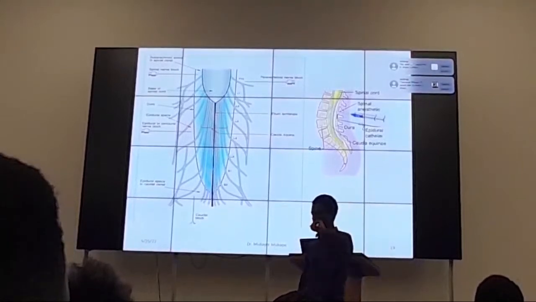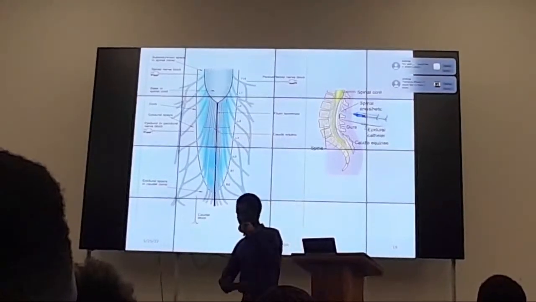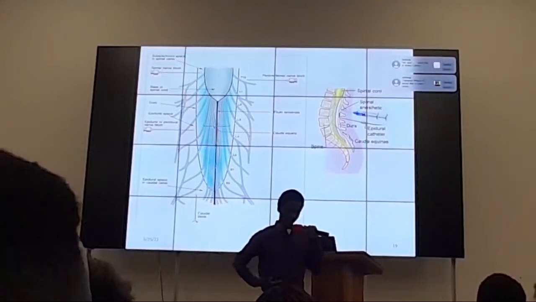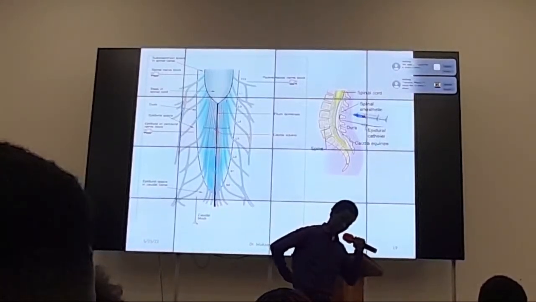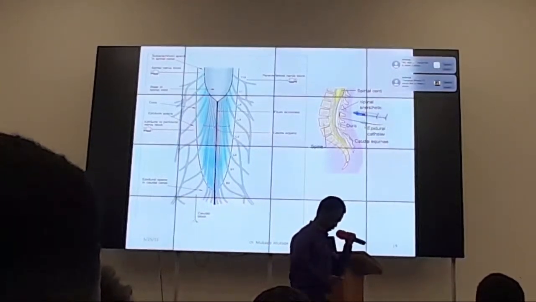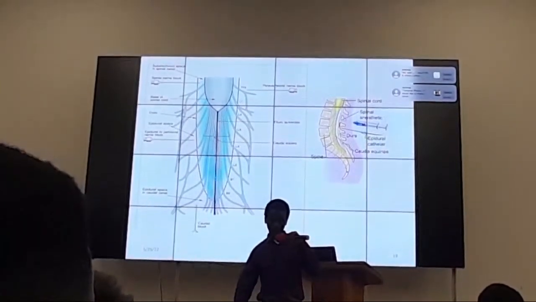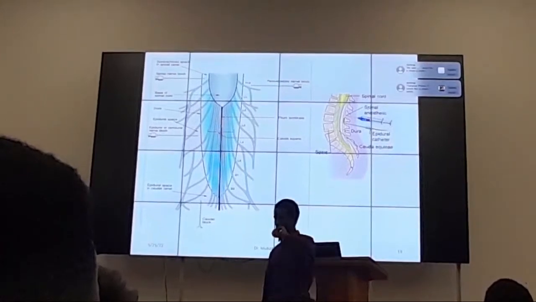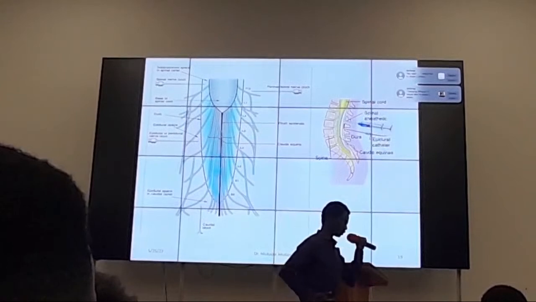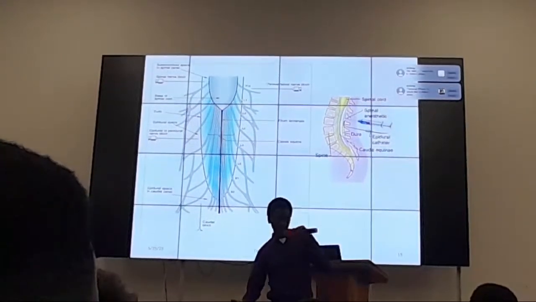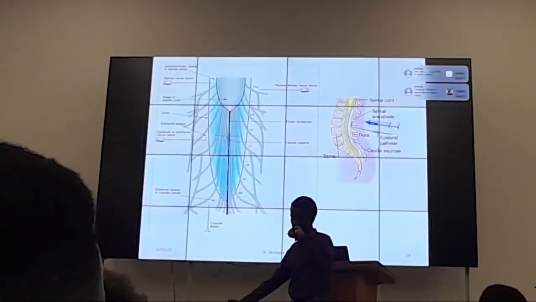So when they put spinal anesthesia there, the body will be paralyzed from the umbilicus down, and you can do any procedure below the umbilicus, from cesarean section to amputation of the foot.